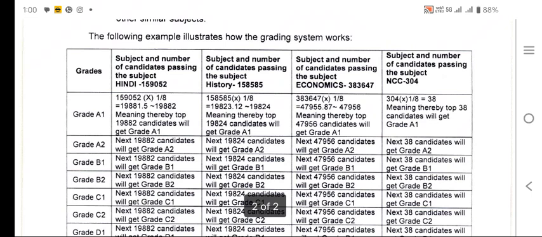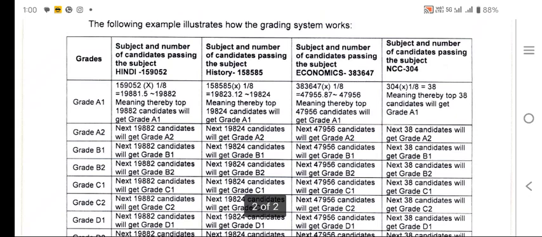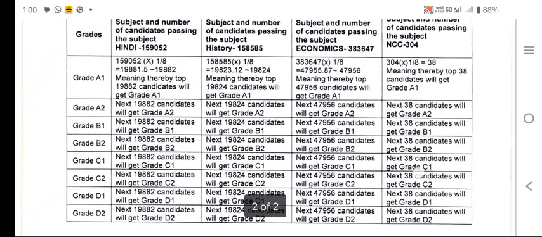What will be the grading? These are the formulas of the grading that have been specified. Grade 1 is the number of candidates passing the subject. Suppose Hindi. So these are the numbers of students, suppose 1,59,052.